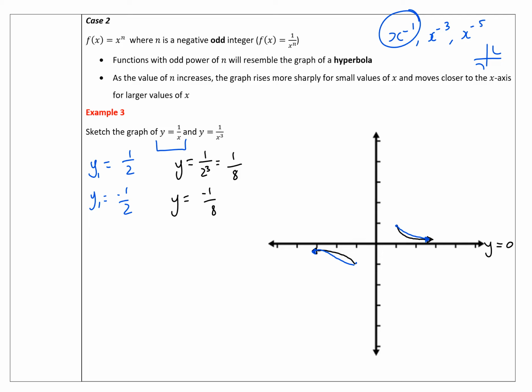Now, with these values, we know that we had a point of intersection, so they have to physically cross, which means that now my blue line is going to be closer to the y-axis. And my black line, which had to cross over, is going to approach that at a slower speed.